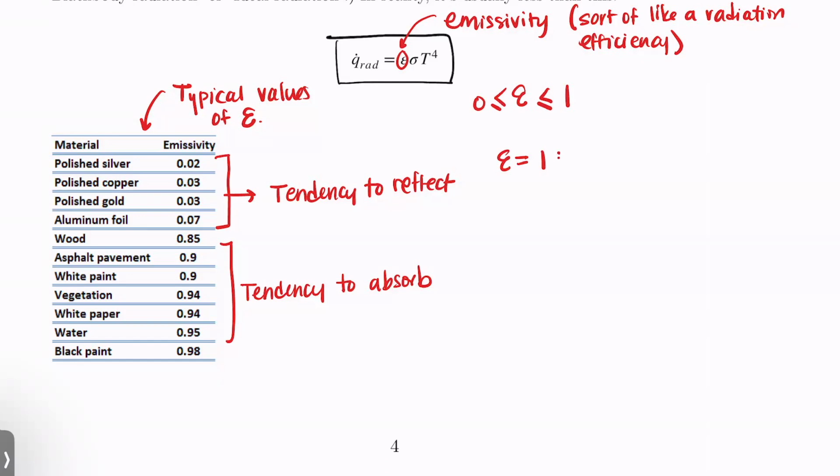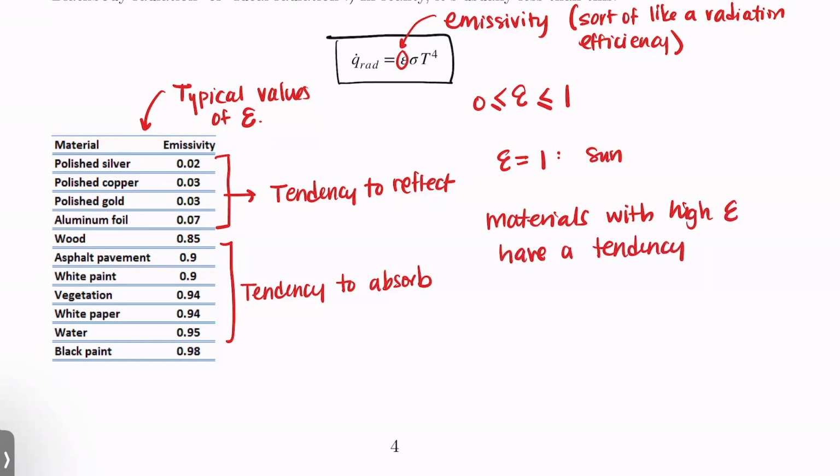Epsilon equals 1 is essentially the sun. And materials with high emissivity have a tendency to absorb radiation.